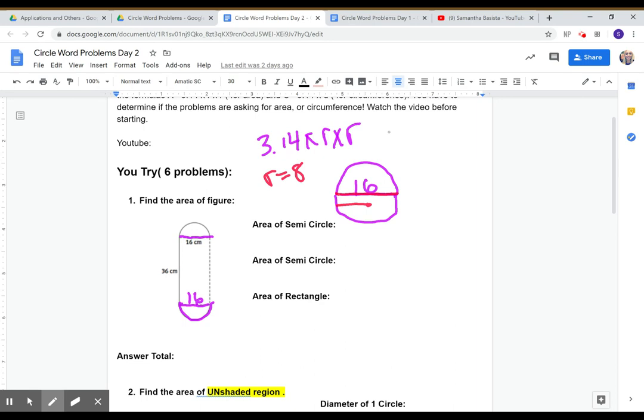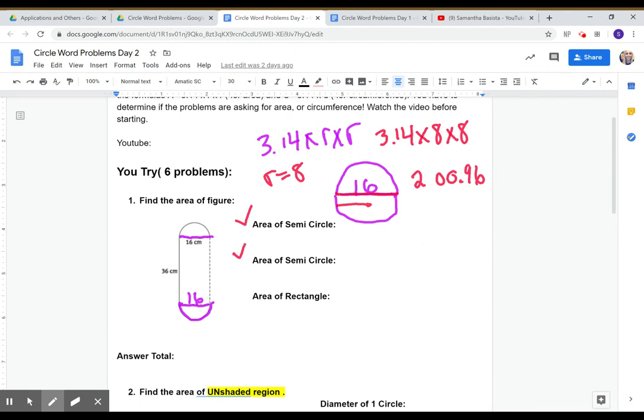So one way I could do this is 3.14 times 8 times 8, which gives me 200.96. That would be one way. I had it set up where you found the area of both semicircles separately, and then we could add those together. So I'm going to show you that way too. Either way is totally fine.